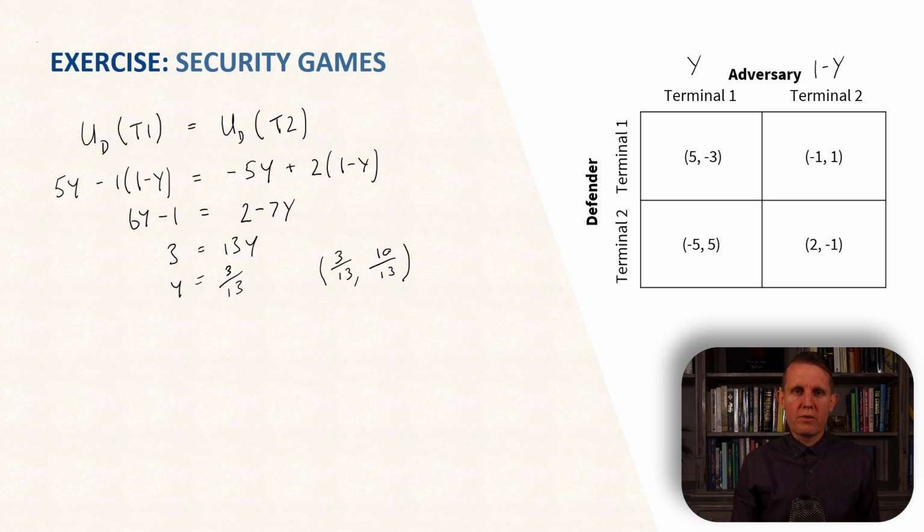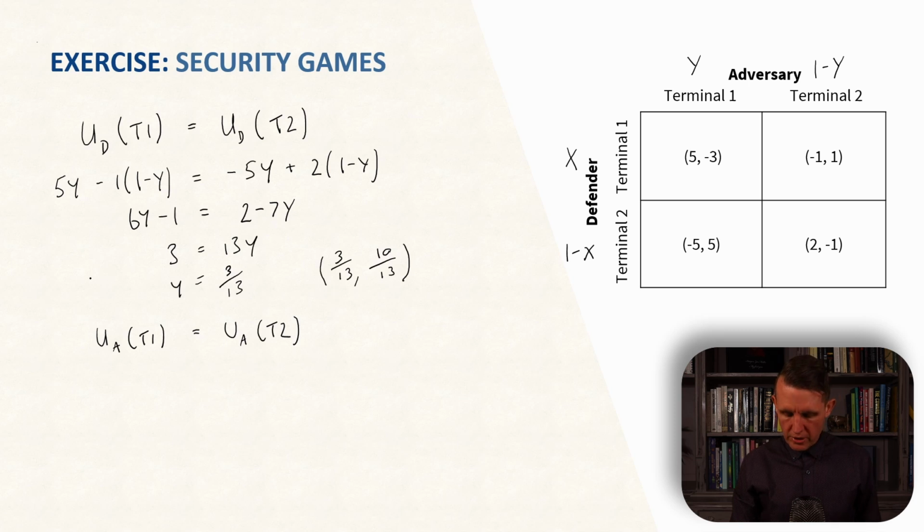Now we want to calculate the mixed strategy for the defender, which will give us our equilibrium. So for the attacker, it's the same kind of deal. We're going to give probability x of defender defending Terminal 1 and 1 minus x defending Terminal 2. If we want to make the attacker indifferent between attacking both of these, then we need to make the expected utility the same over each of these.